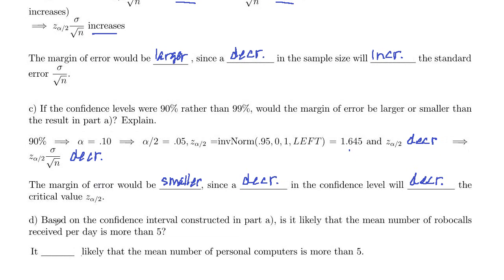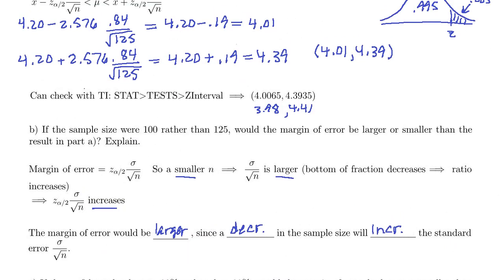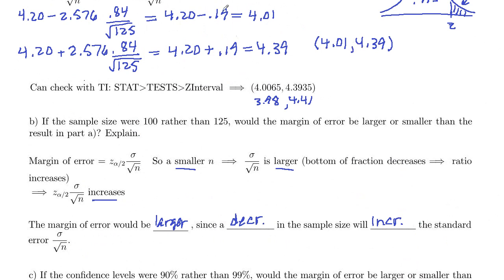And then part D, based on the confidence interval in part A, is it likely that the mean number of robocalls per day is more than 5? So, well, our confidence interval up here, the 99% confidence interval, let me bring that down, was 4.01 to 4.39.